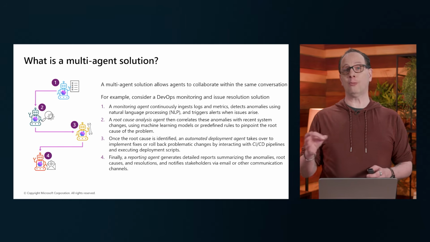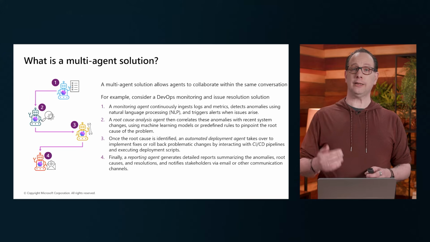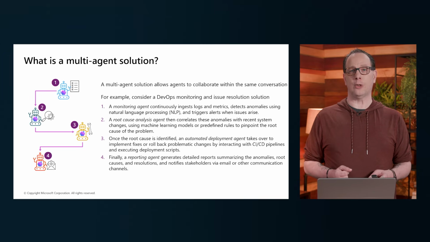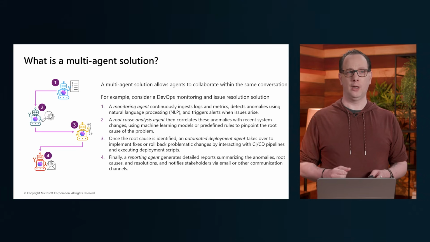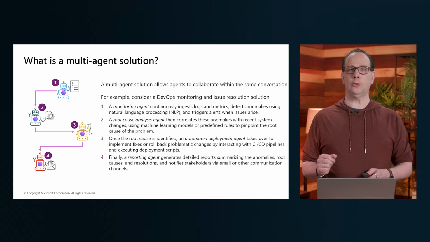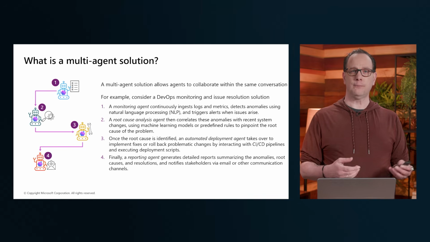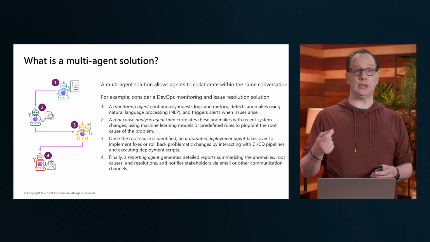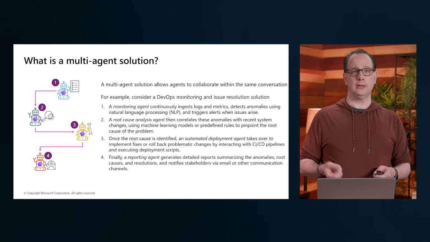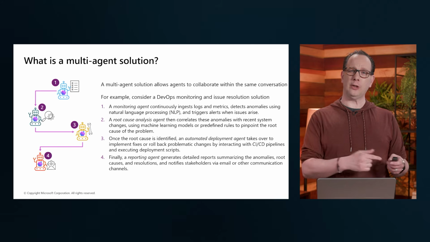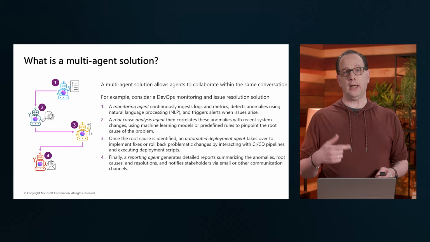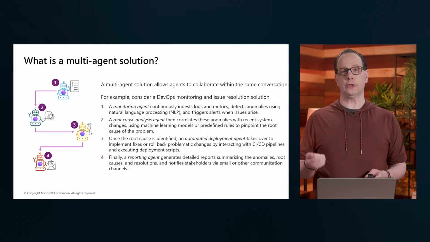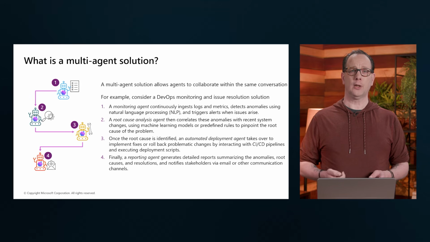Let's use another more business-typical scenario, like a DevOps monitoring and issue resolution solution, where in step 1, you would have a monitoring agent, which continuously ingests log and metrics, detecting anomalies using natural language processing, that we called NLP before, as well as triggering alerts when issues arise.